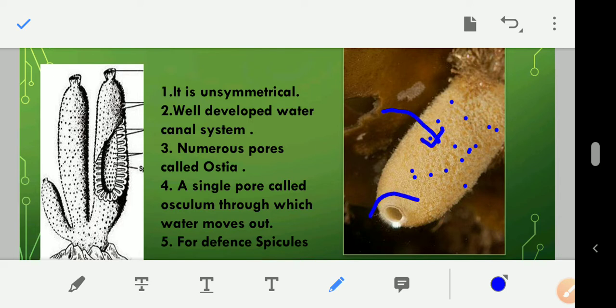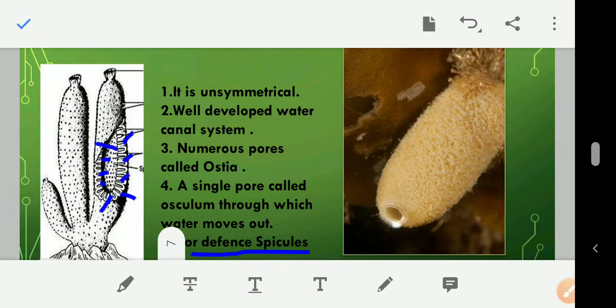They have one mouth-like structure that is called osculum, from where water comes out. The entire body consists of small spine-like structures, which protect them from grazing animals, and this defensive part is known as spicules. They have a well-developed water vascular system, means the food enters through water, the waste comes out through water. The oxygen for respiration enters through water, the waste carbon dioxide comes out through water.